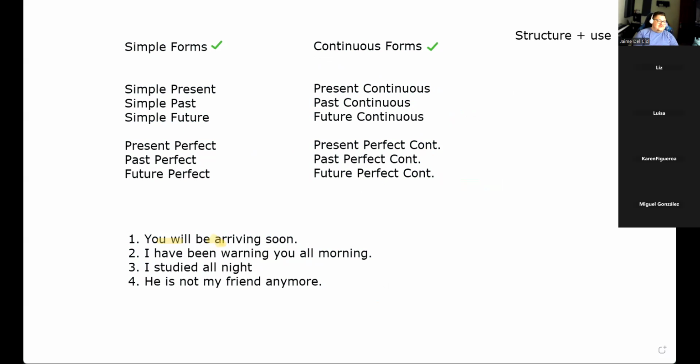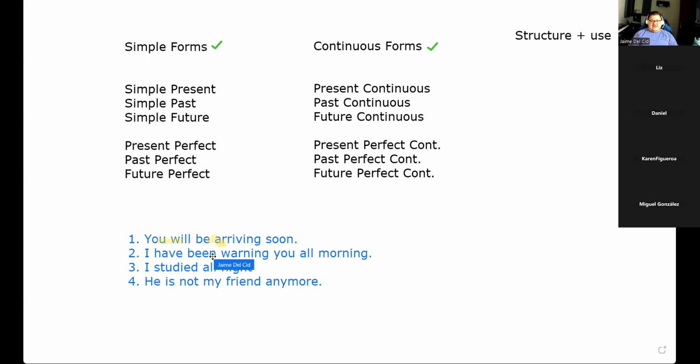I think we're having the same problem as yesterday. I'm sorry, same thing happened. No problem. I studied simple because it doesn't have the verb.